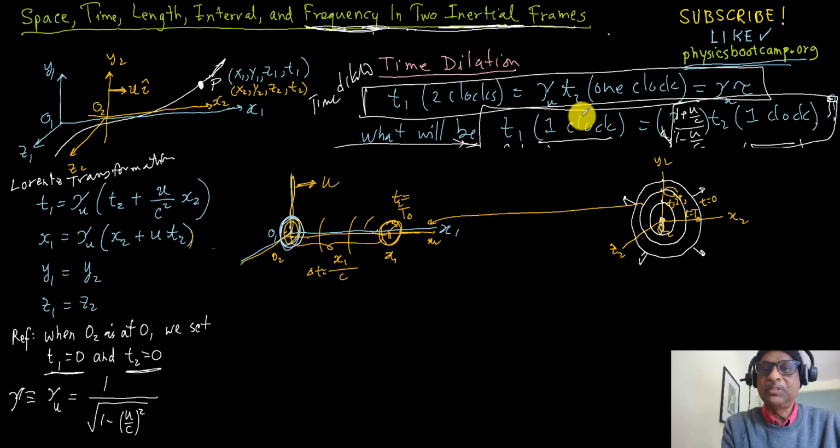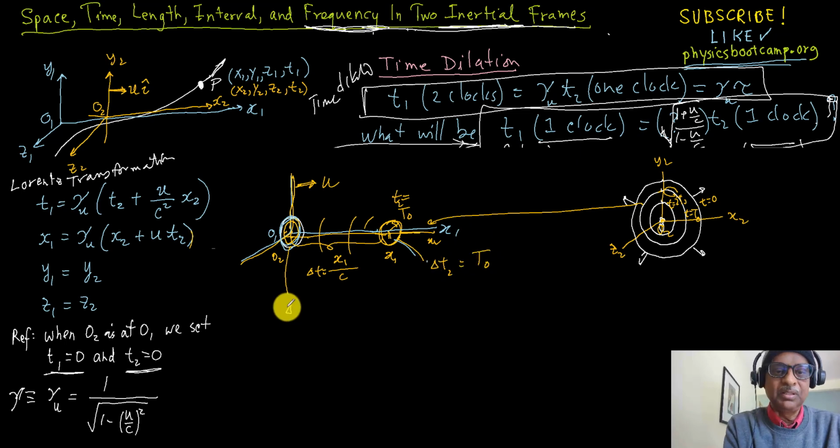So when it comes back over here, delta t in the rest frame was equal to t0, but delta t in this one I'm going to compare with the same clock.